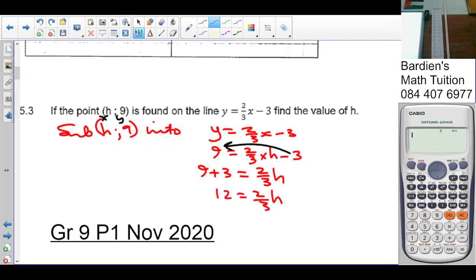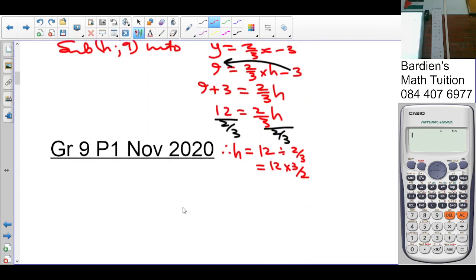How do we get h on its own? Divide by 2 over 3. So therefore h is equal to 12 divided by 2 over 3, which is the same as 12 times 3 over 2. 12 times 3 is 36. 36 divided by 2 is 18. So h is 18. Okay.